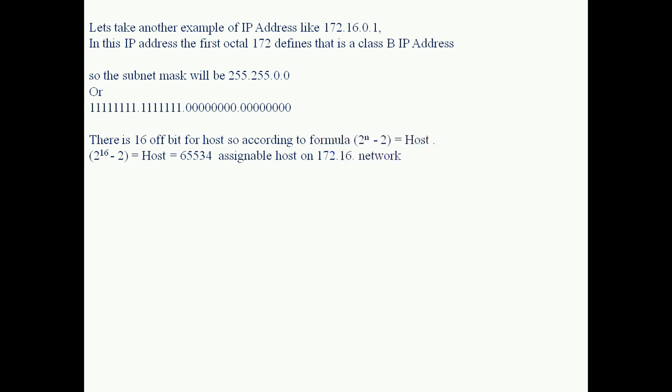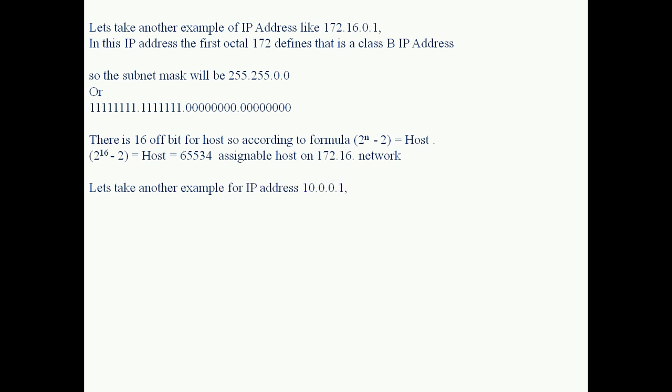There are 16 off bits for hosts, and according to the formula 2 to the power n minus 2 equals hosts, 2 to the power 16, which is the off bits, minus 2, is equal to 65,534 assignable hosts on the 172.16 network.